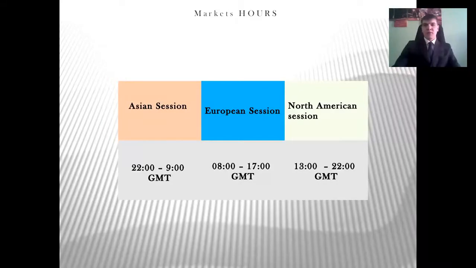And as you can see from the table, sometimes working market hours overlap, which makes the market even more volatile, which is good for the trader. Next slide.